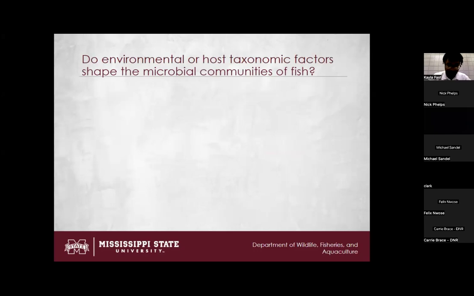So looking at a few different questions here. What I'm really interested in is how host taxonomic factors as well as environment and habitat affect bacterial communities on the inside of fishes. A few studies in the past have asked similar questions with different animals.